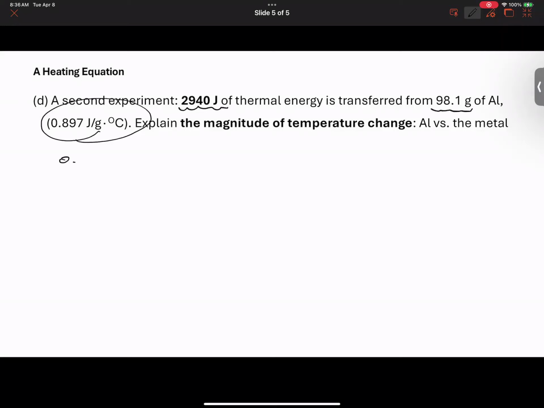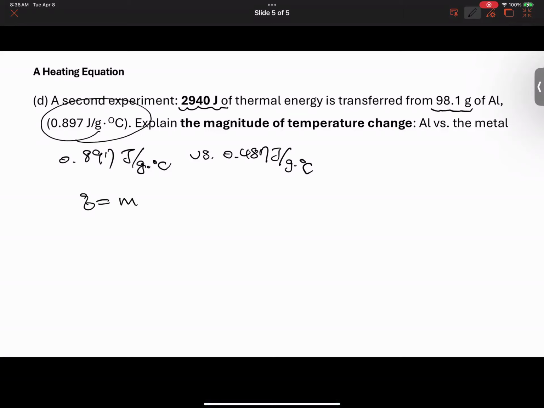Aluminum requires a higher amount of heat to raise the temperature versus our unknown metal, which we just calculated, 0.487 joules per gram Celsius.